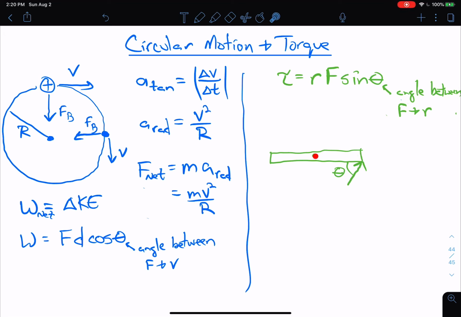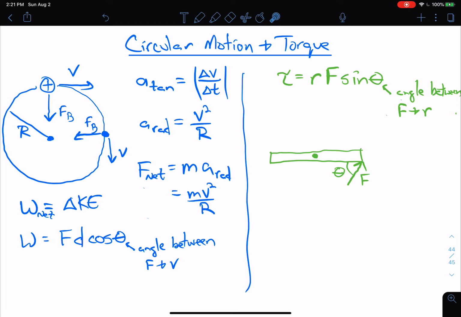The lever is horizontal. So theta is the angle between the force and the lever. And I should label the force there. So the lever is horizontal. Theta is the angle between the force and the lever. And that's all there is to it.